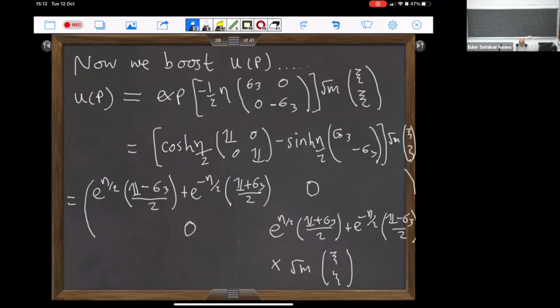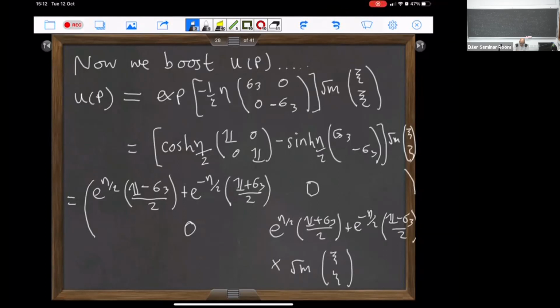So that's given by this transformation here. The only difference between the spinor half left-handed and spinor half right-handed is just this minus sign over here.